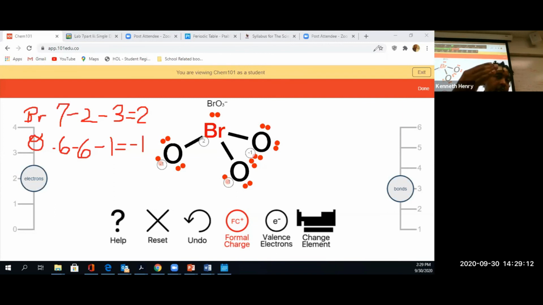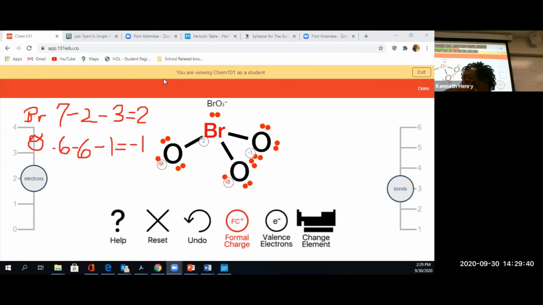And we know that any element that is below period 3 has the ability of using the d orbital. So that means that it can have more electrons around it. So it's flexible. It could have more than the normal 8 around it. So let's go ahead and see what we can do to make things happy here.